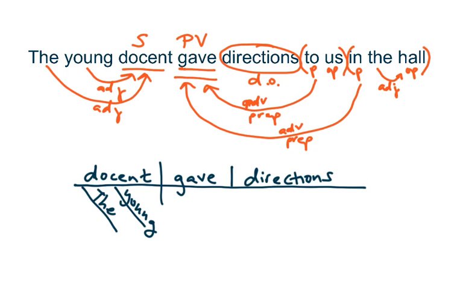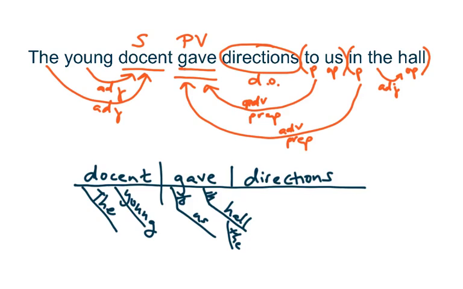Do we have any modifiers for gave? Oh my, yes we do. We have two adverbial prepositional phrases. So, to us, in hall. Do we have any modifiers for directions? No, we don't. Okay, so that is it for our diagram.